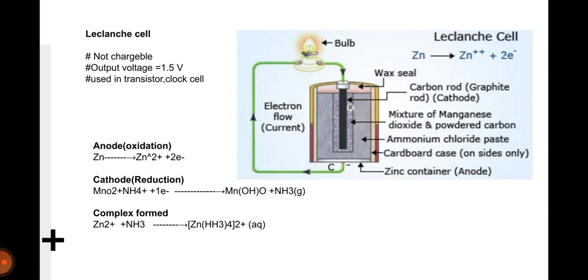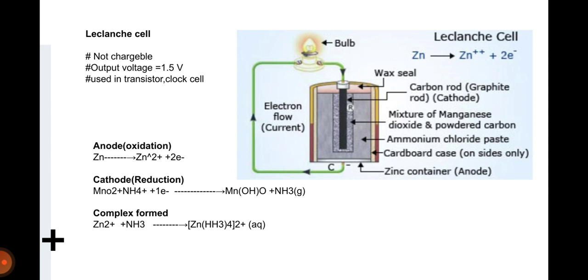The reaction is going to be formed as shown. In the case of the anode, oxidation occurs: the zinc will give out two electrons and goes to the Zn2+ state. In the case of the cathode, MnO2 is reduced, takes one electron and forms MnOOH, and ammonia gas is formed.